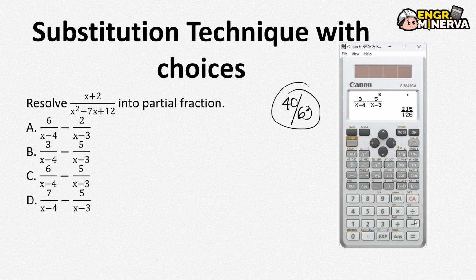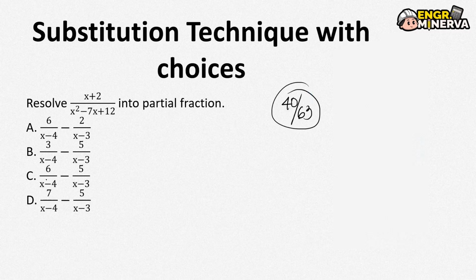Press calc. That is not the correct answer. Let's try letter C, 6 over x minus 4 minus 5 over x minus 3. Since it is equal to the value that we have earlier, letter C is the correct answer.